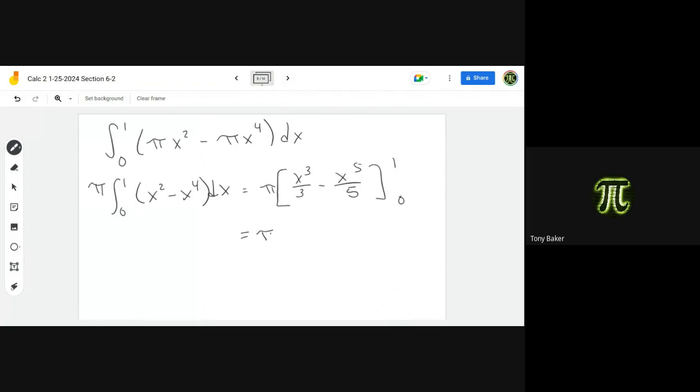So I have pi times 1/3 minus 1/5, which equals 2 pi over 15.